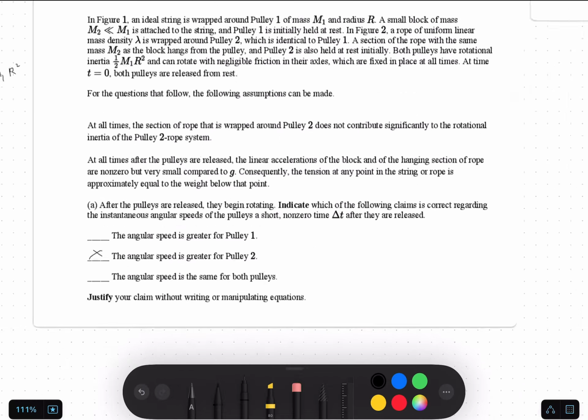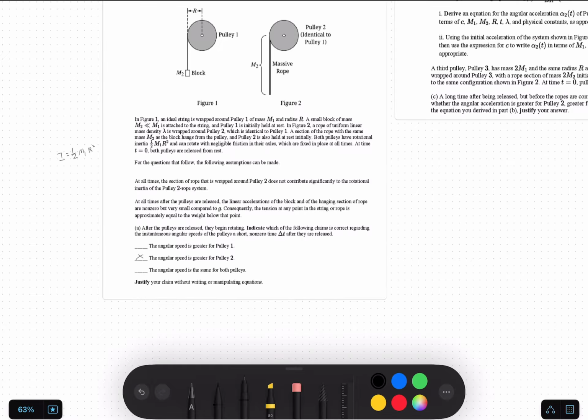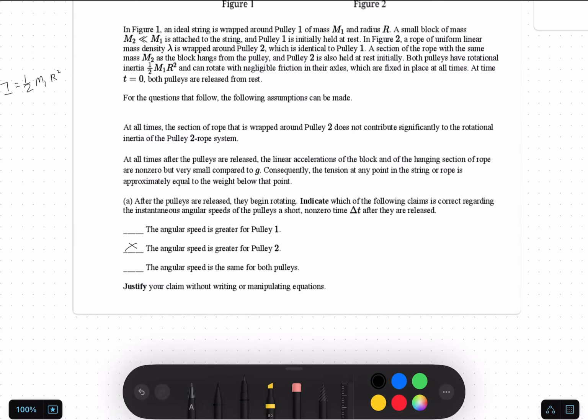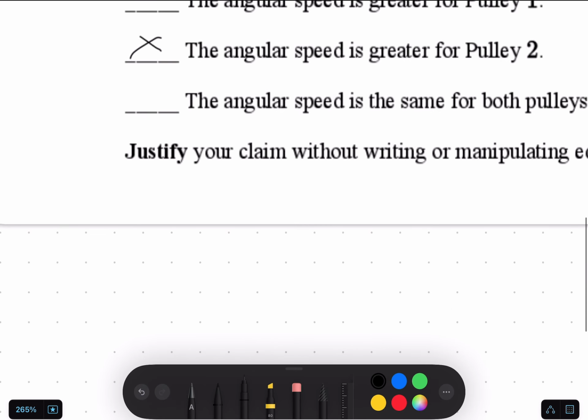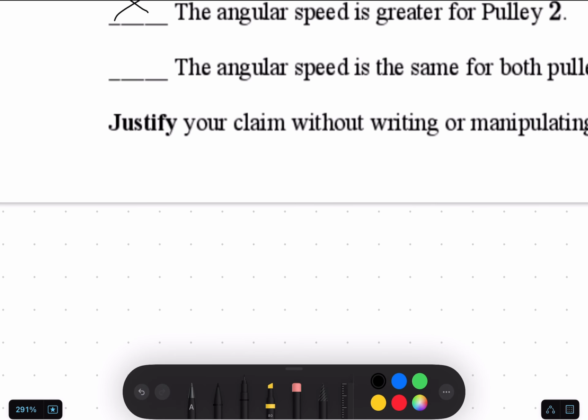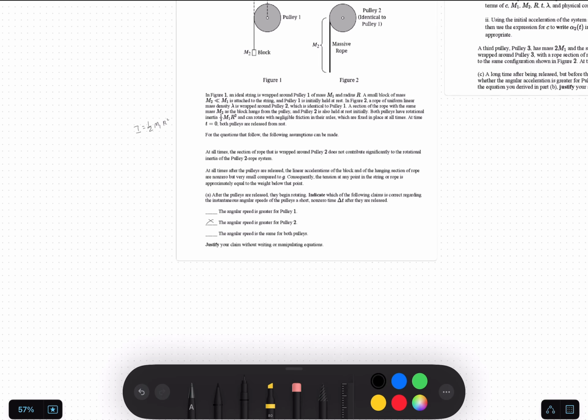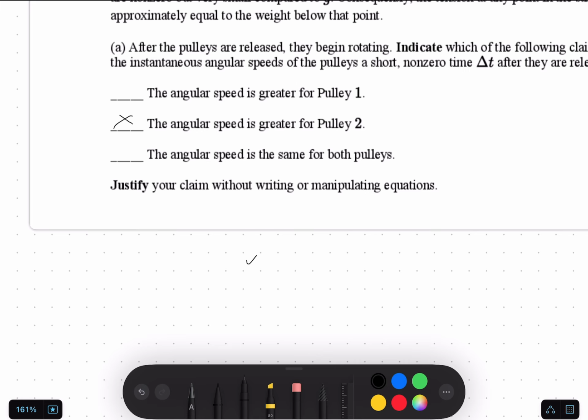So as pulley 2 is being unraveled, there's going to be more torque, a longer duration of torque, and because of that, its angular acceleration would increase, and as a result, its angular speed would increase. So here, this is put as torque net is equal to inertia times d omega dt.